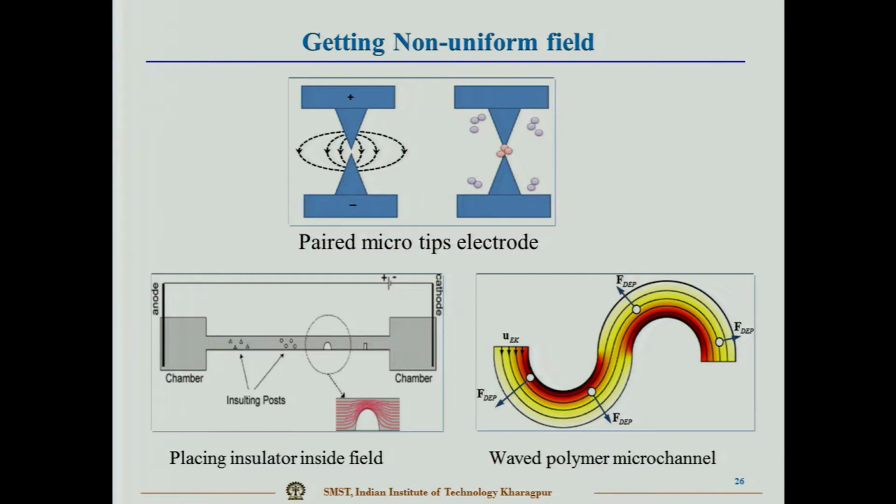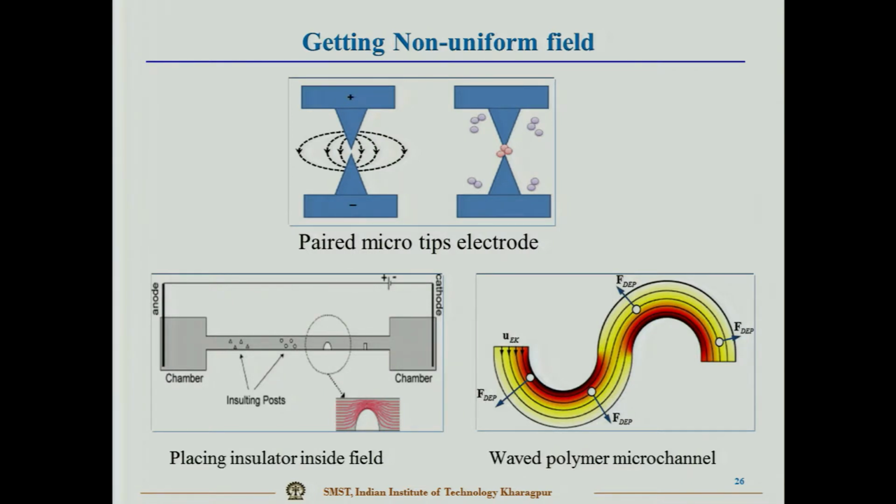After that you close the input and start the supply of the buffer liquid. As the buffer liquid flows and the electric field is stopped, these cells will first be removed and you can collect them, and after that, with a higher buffer flow, you can collect the particles which are trapped along the different corners of the device.